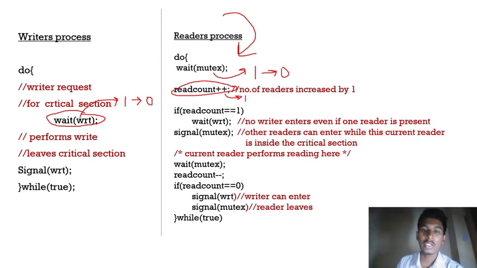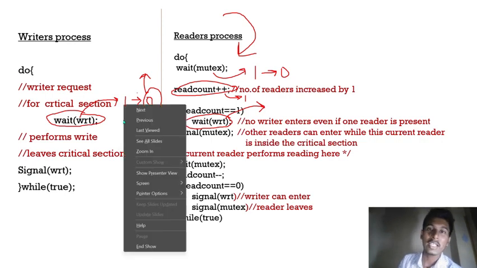Here, if read count equals 1, we need to wait, which means wait of WRT, but we already got 0 here, since WRT is shared between both writers and readers. Wait of WRT will make no change, which means the control will be stopped here since the writer is accessing the resource. So the reader cannot read the data until the writer process leaves the WRT variable.